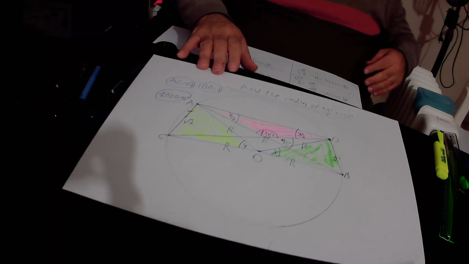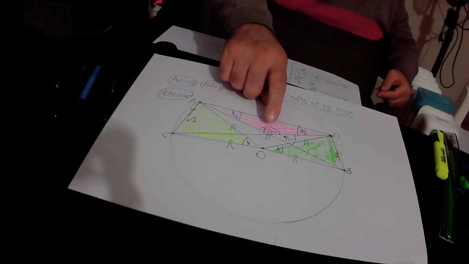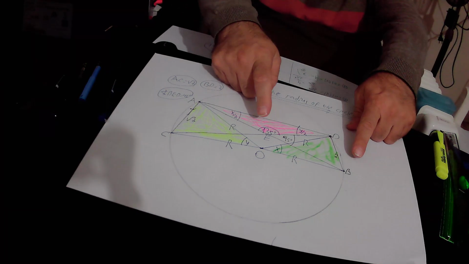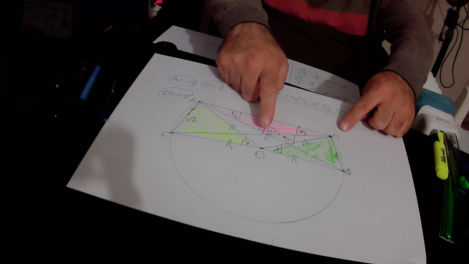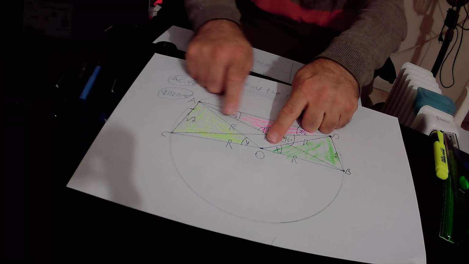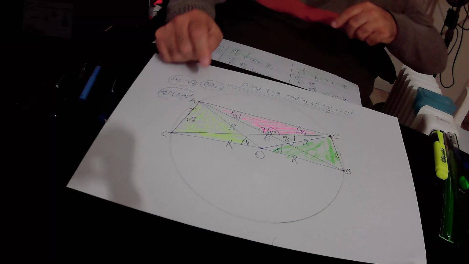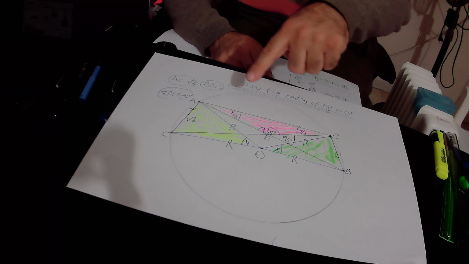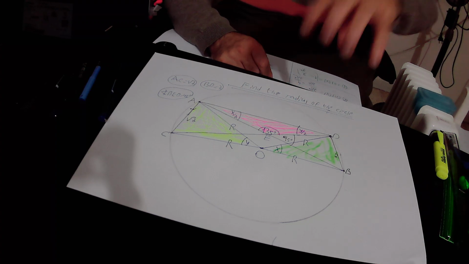So we defined the center of this circle as O. Then we joined points O and B together, points O and D, points O and A, and finally points O and C by straight lines. Those 4 straight lines, OB, OD, OA, and OC, are the radii of this circle.